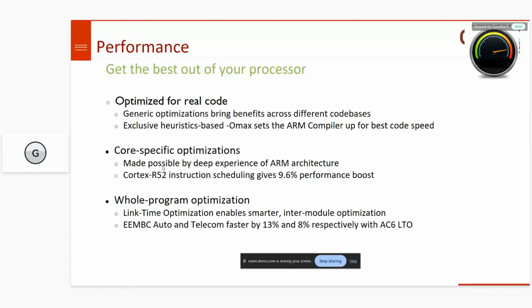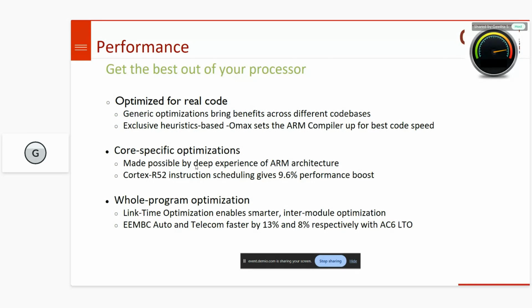Then core specific optimization, because the technical experts of the compiler team work alongside the ARM architecture team. Thereby they are able to implement core specific optimization based on the ARM architecture.